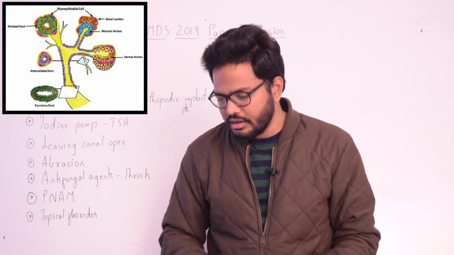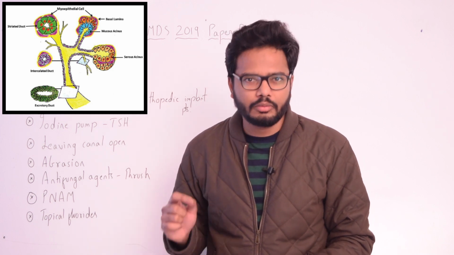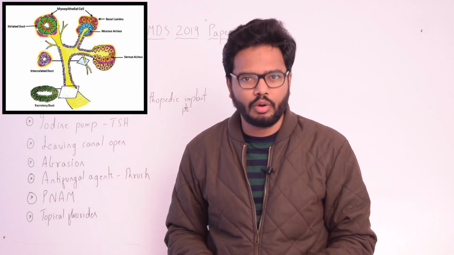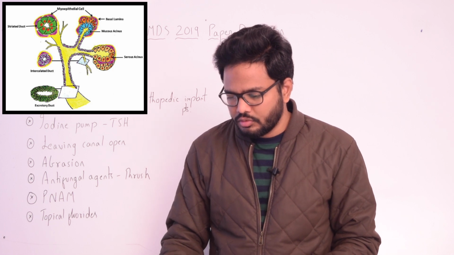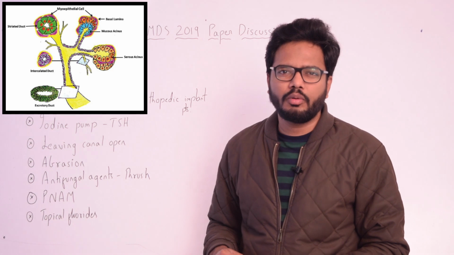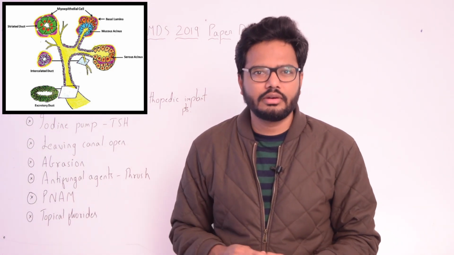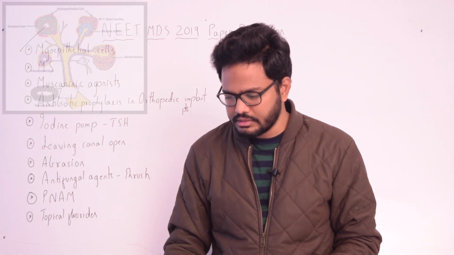The excretory ducts and rather rudimentary striated ducts are devoid of myoepithelial cells, which is another important point. So they have a diverse location, which is very important, and depending upon the type of glands, major or minor, you can see variable distribution of myoepithelial cells.